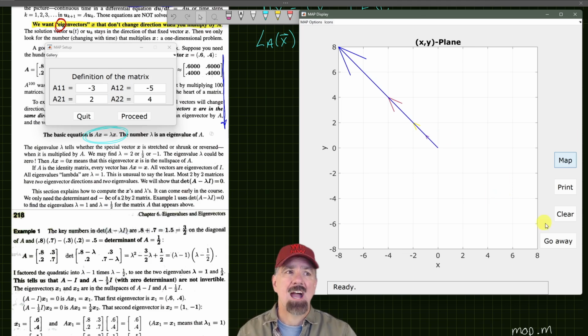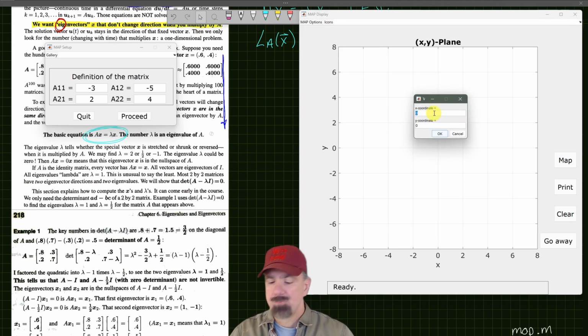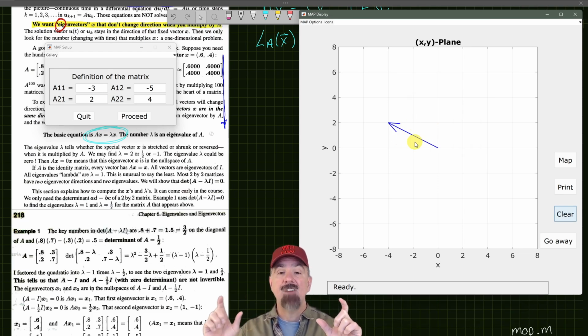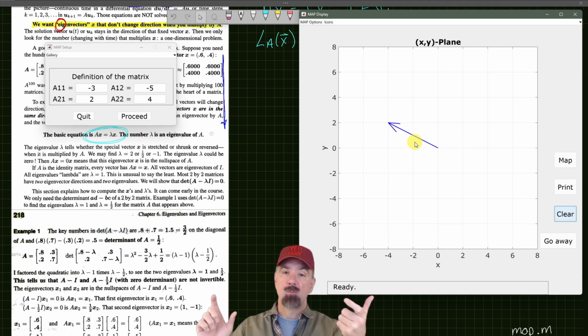So when we have the vector -4, 2, let me put it in one more time. This is actually a linear combination of the two eigenvectors. The portion that's in the direction -5, 2 is going to get flipped around. It's just being multiplied by -1 every time. And the piece of this vector that's in the direction 1, 1 gets doubled every time.